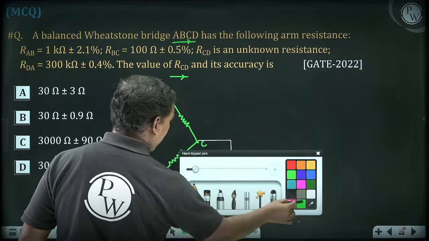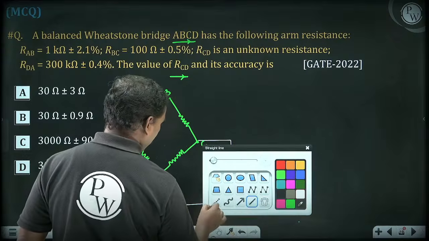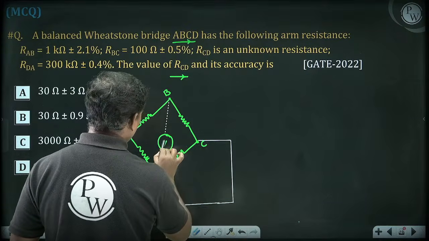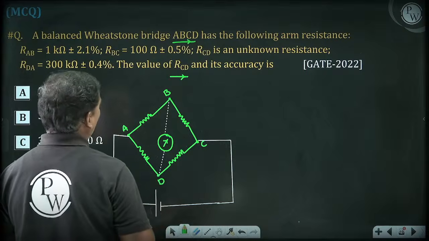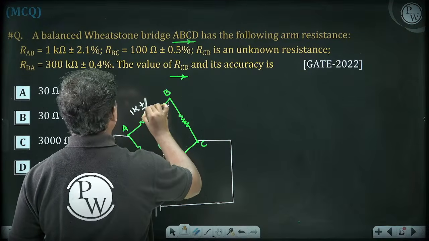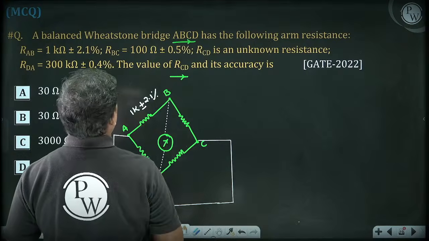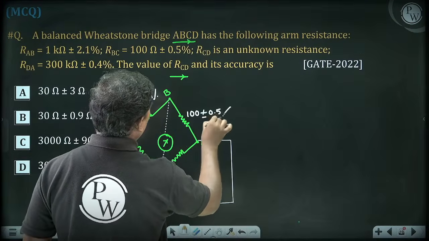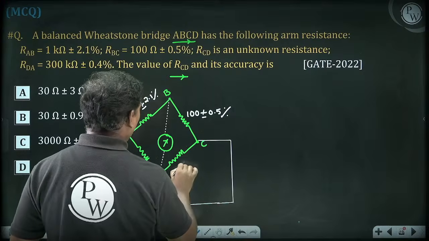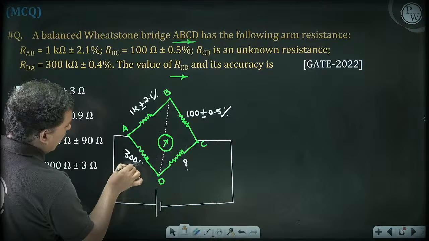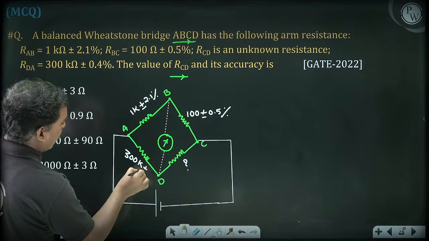So now if you check, what is given? RAB is given as 1K plus or minus 2.1%. Next, RBC is given as 100 plus or minus 0.5%. Next, RCD is unknown. Next, RDA is given as 300K plus or minus 0.4%.